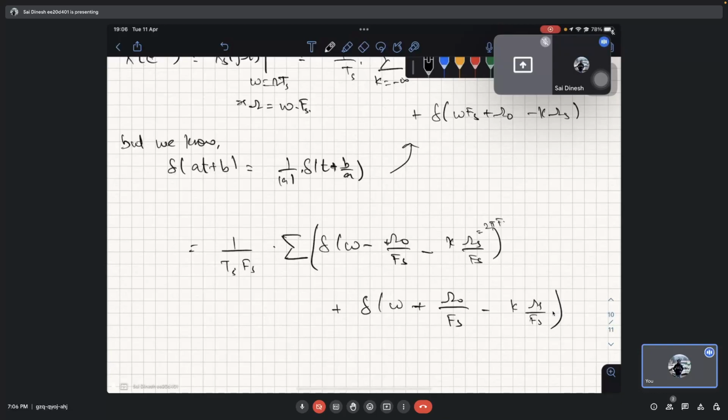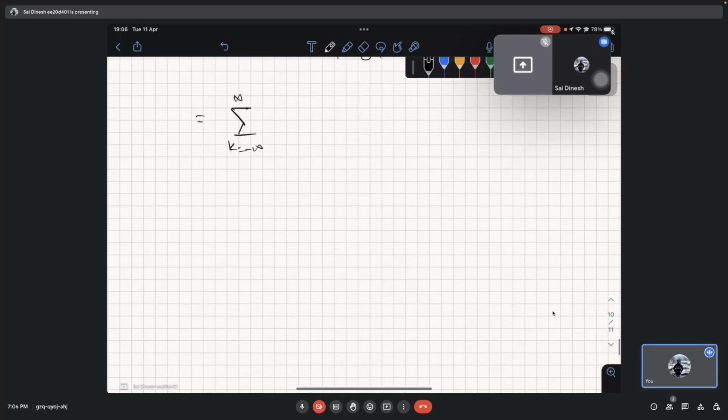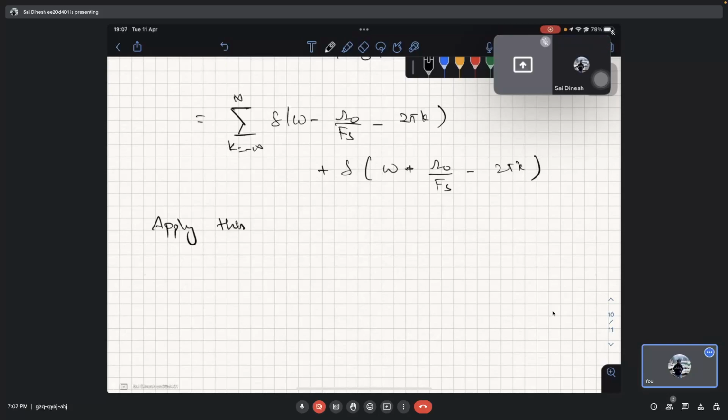But omega s is 2 pi fs and these two get cancelled, and what we are left with is finally the sum over k from minus infinity to infinity of delta of omega minus omega naught by fs minus 2 pi k plus delta of omega plus omega naught by fs minus 2 pi k. So apply this concept in the problem.